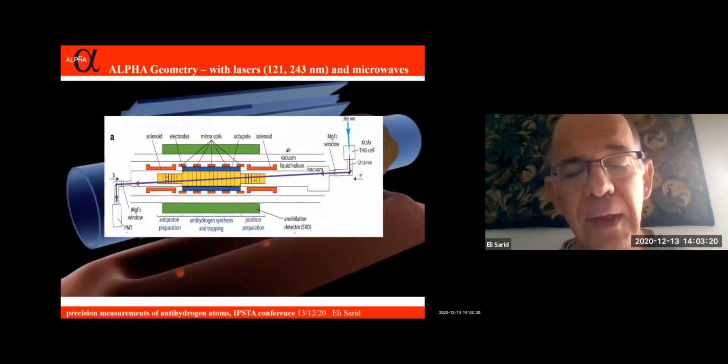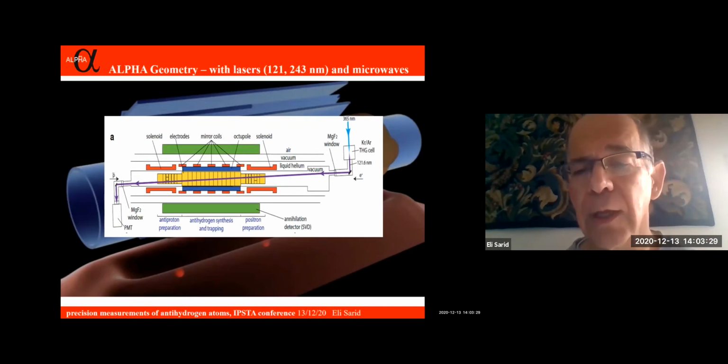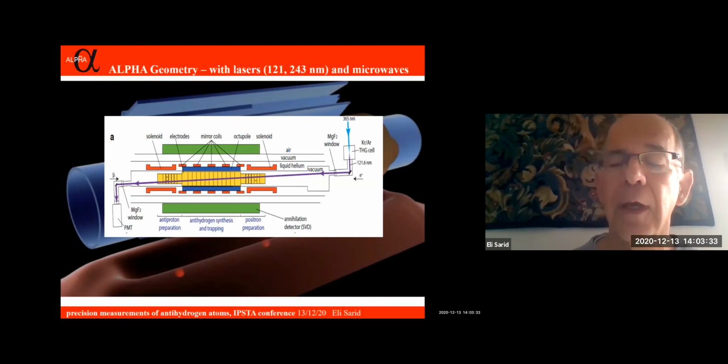So for example, this is how it looks now with the latest addition to the arsenal of measurement tools that we have: putting an ultraviolet laser into the vacuum, into the trap, and probing the 1s to 2p transition in the antimatter atom.